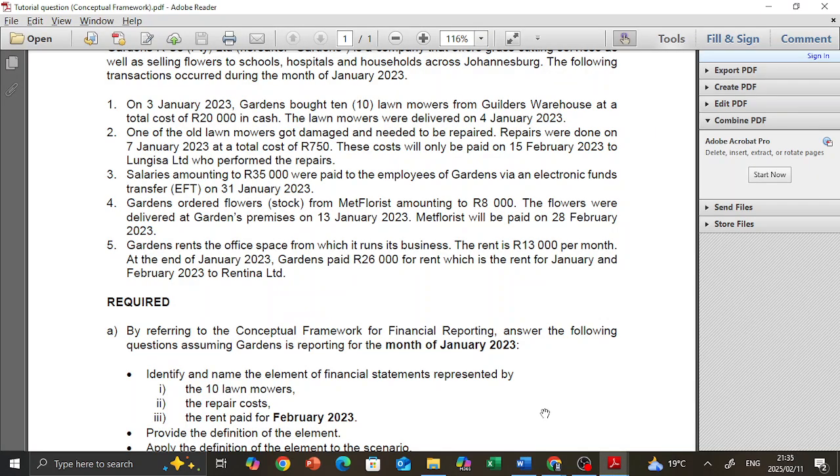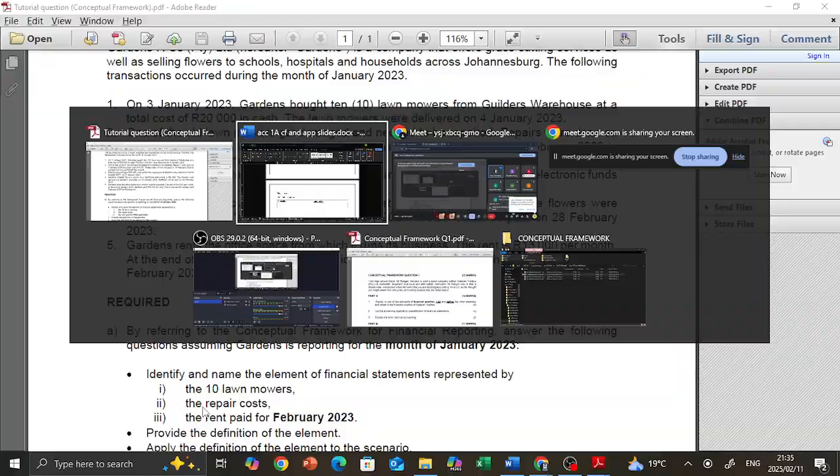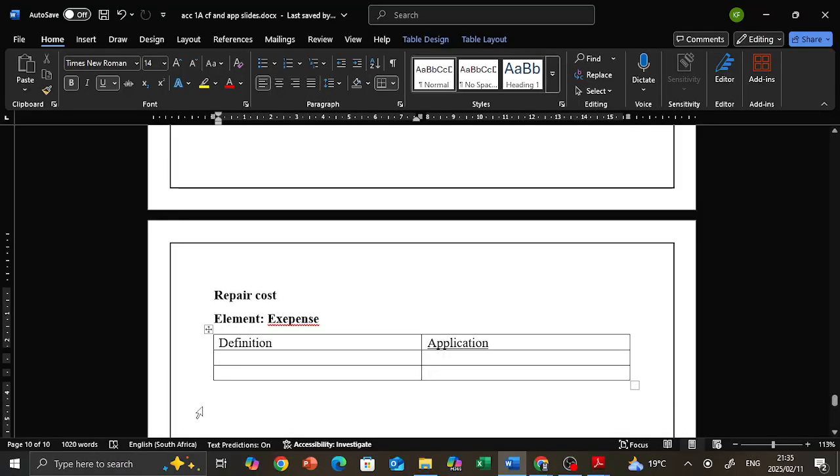Let's read. Okay, wait, someone in the chat, excuse me. Yeah, a short-term liability. I do not disagree with you guys. I think we should even do the liability example. But let's do this now. There's another question I want us to go through for this one as well. So the repair cost. Let me give you the expenses definition and application.